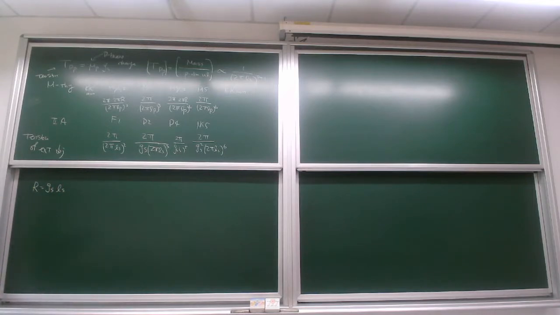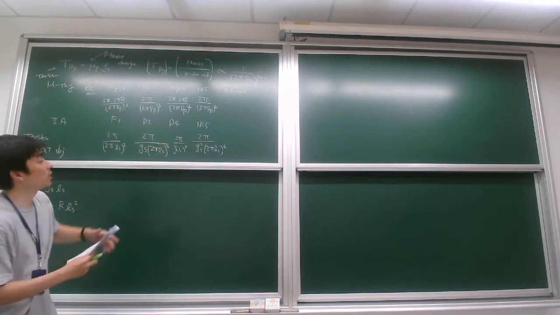That's what we have learned last time. And also, there's a relation between l_p and l_s: l_p cubed is equal to R times l_s squared. And if you use this relation, you can obtain this kind of a relation.